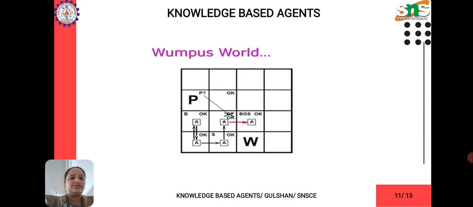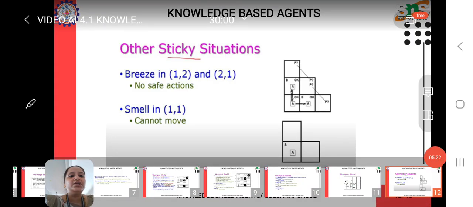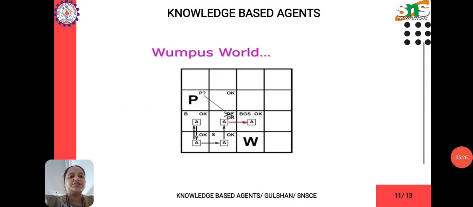This state shows how the Wumpus world moves. You have an agent called A. The agent can move upward, downward and so on, but it cannot move in certain directions because you have a Wumpus in the third row.